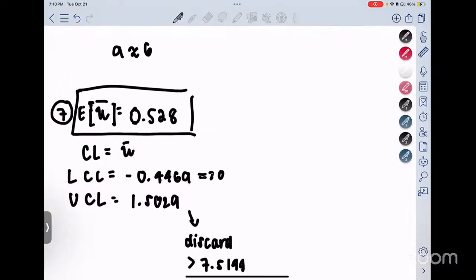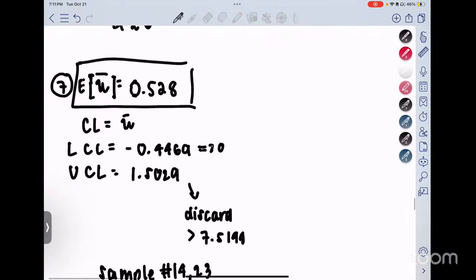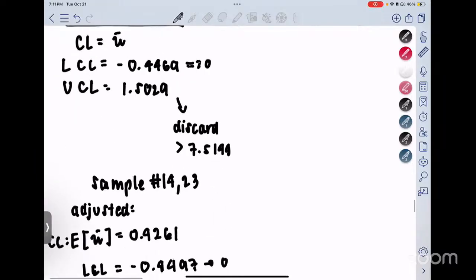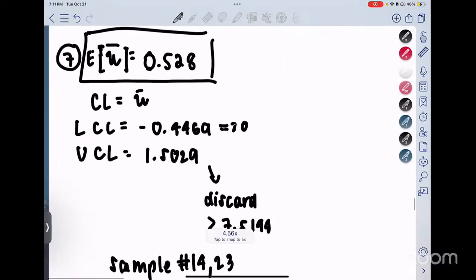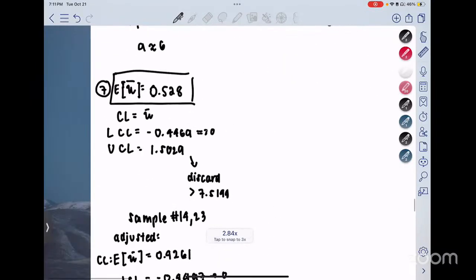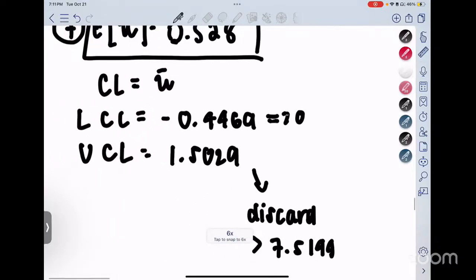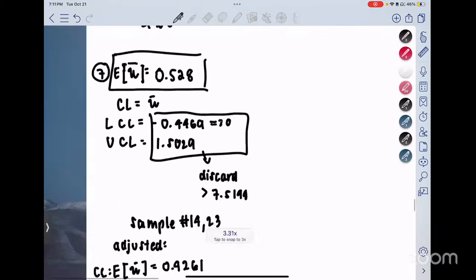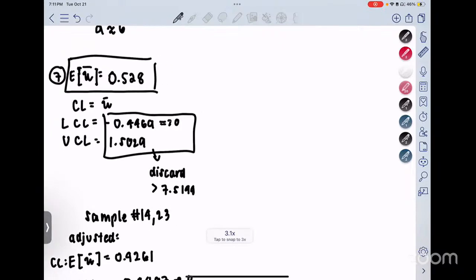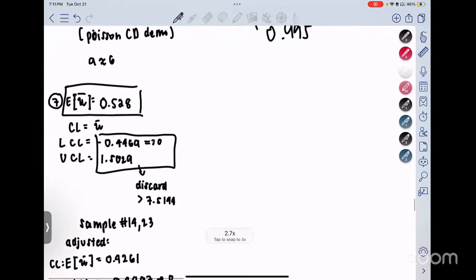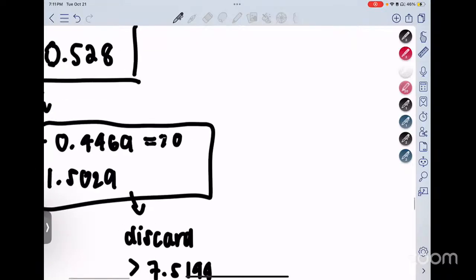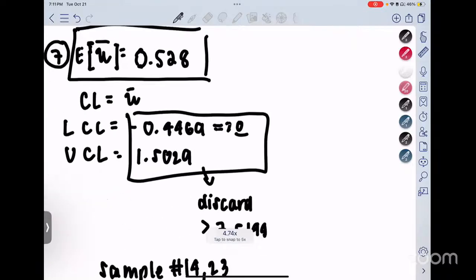So there's a probability of a non-conformity, not a non-conforming, in the samples. The center line is just U bar. The lower control limit, just use the equations for this one. Sorry, diniretso ko na to. But if you use the formulas, you will end up with these. And this is the more important part the question is asking. These are our lower control limit, which became 0, and upper control limit, 1.502.